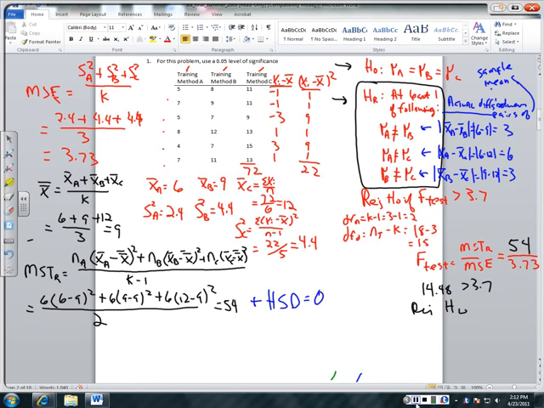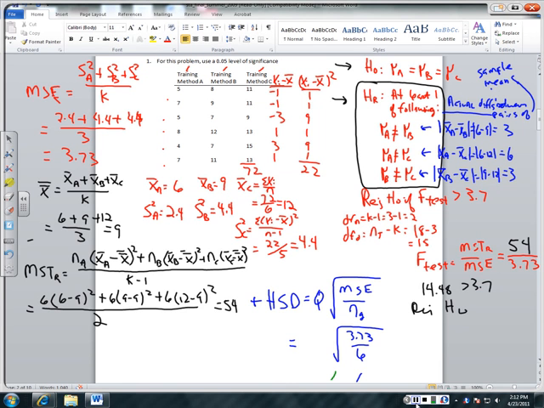But anyway, it's equal to Q, which is a number we're going to look up in the table, times the square root of MSE over group size, which is the same thing as NA, NB, and NC. It's just the size of each group, or 6. So that's equal to, I'm going to leave space for Q there. MSE we had calculated a minute ago to be 3.73. The group size was 6.